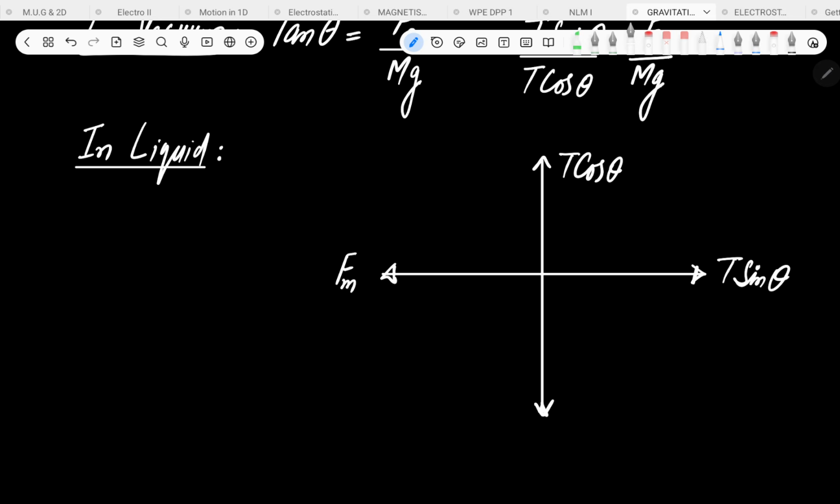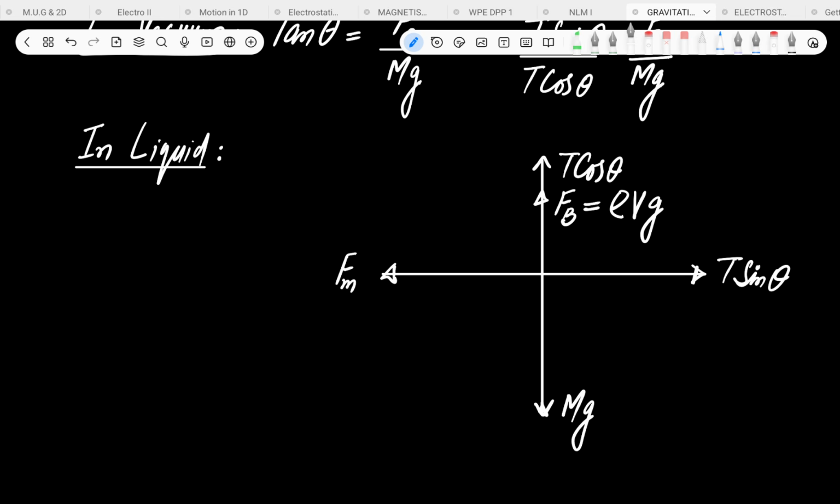Fm implies the electrostatic force inside the medium. In the vertically downward direction there will be mg, and in the vertically upward direction there will be one more force, called the buoyant force. The equation for this buoyant force is equal to the density of liquid, rho, times the volume of the sphere, V, times g, where g means acceleration due to gravity.